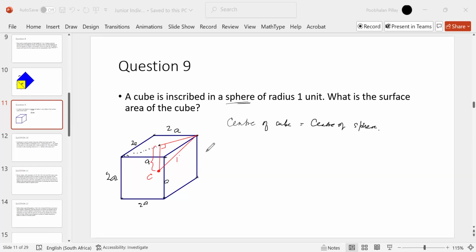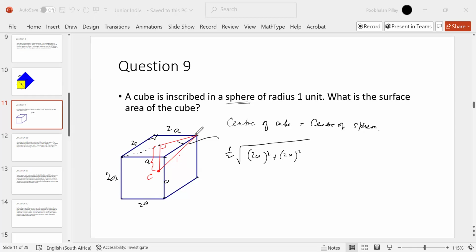So this part here is a half of the diagonal of the top surface. But the top surface is a square. So the length of the diagonal of the square is the square root of (2A) squared plus (2A) squared.